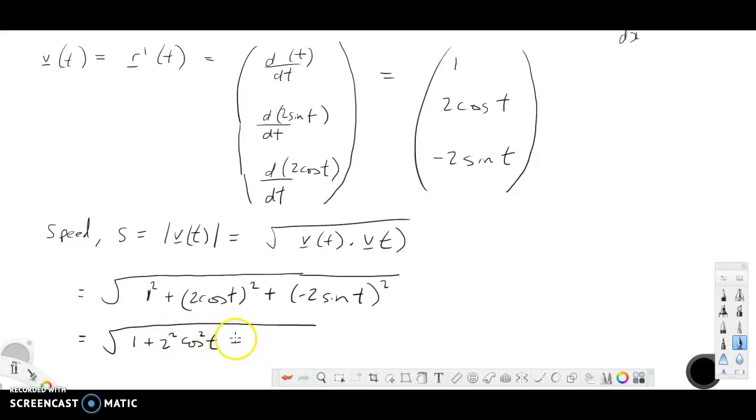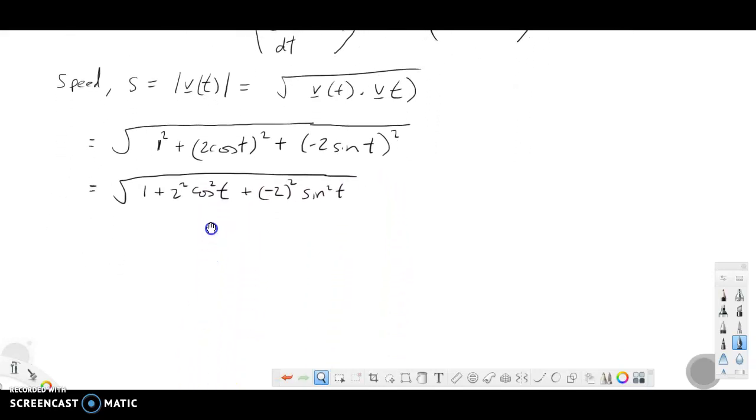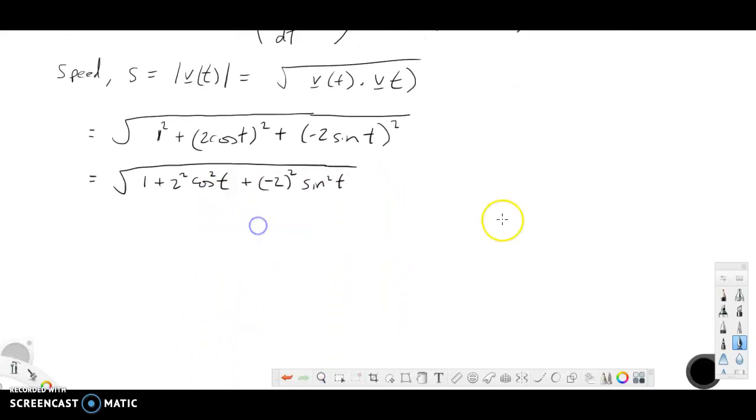And minus 2 squared is going to be, well, we'll just leave it in brackets there for a minute. Minus 2 squared sine squared t, right? I'm going to make even more space here now. And we get the square root of 1 plus 4 cos squared t plus 4 sine squared t.